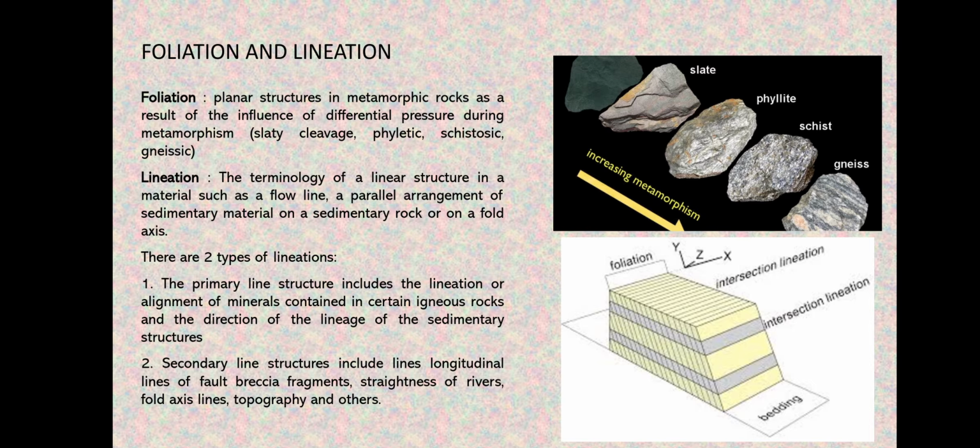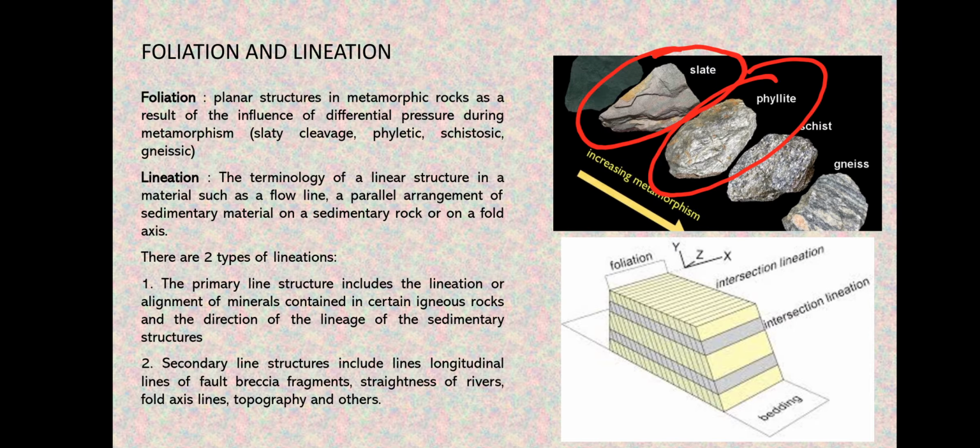Okay. Next is foliation and lineation. Foliation is a planar structure in metamorphic rock as a result of the influence of differential pressure during metamorphism. And the kinds of foliation are slaty cleavage, phyllitic, schistose, and gneissic, in the figure.